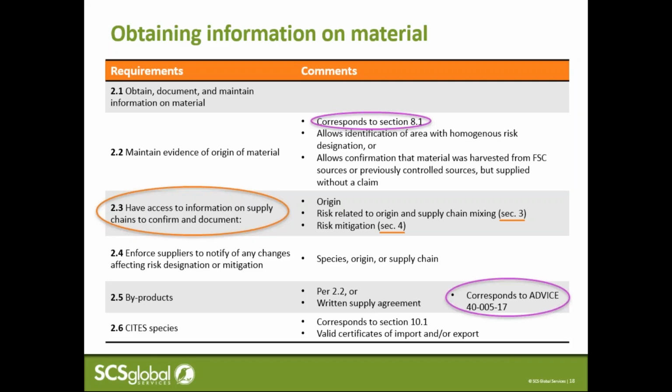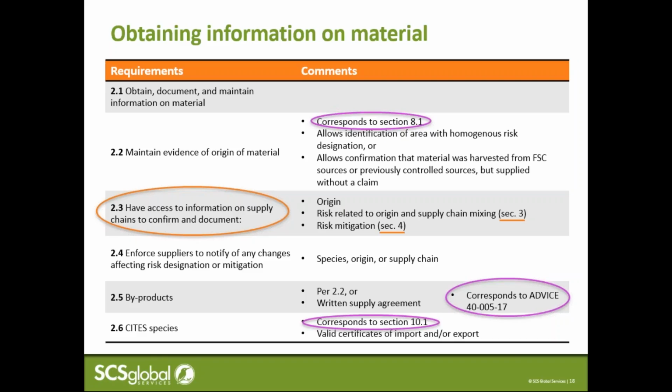The requirements associated with sourcing byproducts correspond to Advice 17 of the directive document. And the requirements associated with CITES species correspond to section 10.1 of the old standard. So these are the more important requirements for obtaining information on material that you should familiarize yourself with.